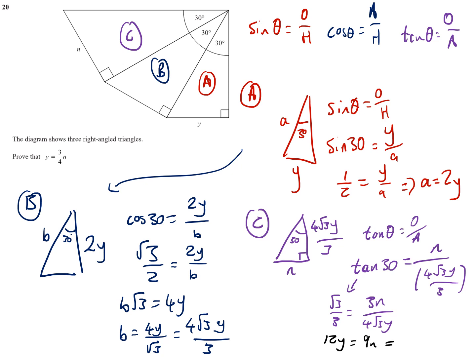Okay, divide through by 12, we get y equals 9 twelfths n, which is 3/4 n as required. Tricky question, lots to it, but really nice because we have to use all 3 trig functions.